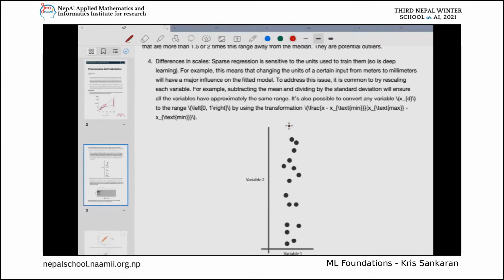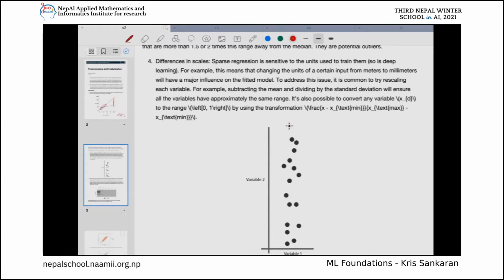What I mean is, maybe the predictor for some problem is the length of a tree branch in centimeters. It's kind of bad that if you reframe it from being measured in centimeters to being measured in millimeters, it's the same measurement, right? It's the same data. But if you just change the units like that, that can actually change the model prediction.